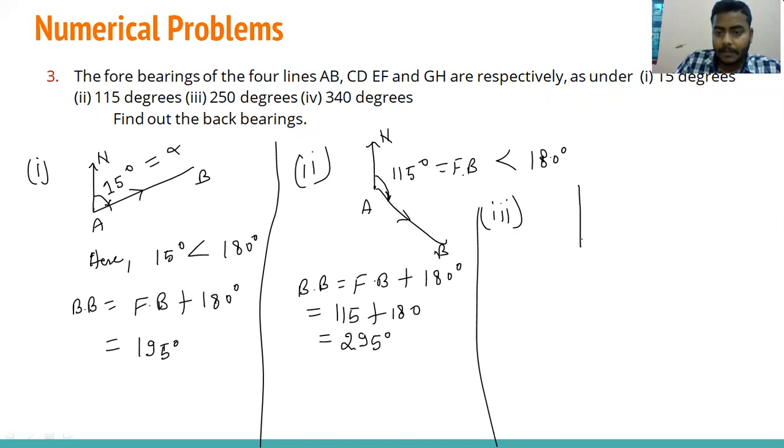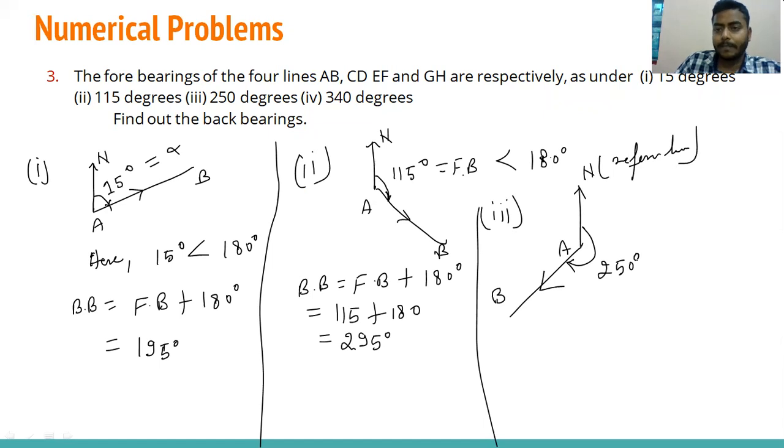250 degrees. The fore bearing of a line, 250 degrees, will come like this. The progress of the line is this. Suppose this is A, this is B, this is north. North means this is the reference line. So this angle is given as 250 degrees. This is an example where the fore bearing is given and it is greater than 180 degrees.